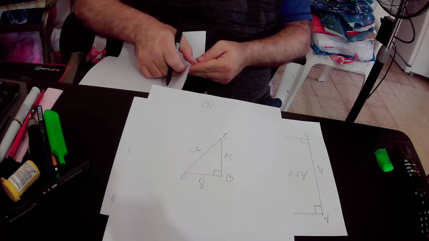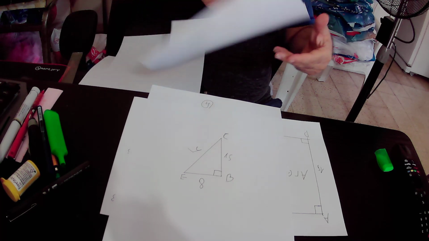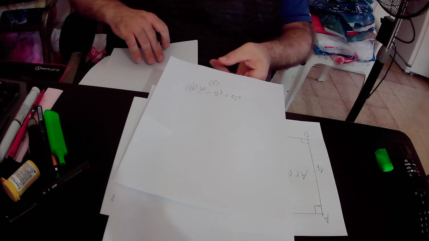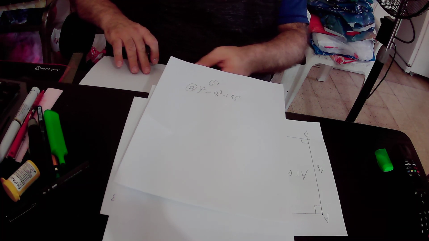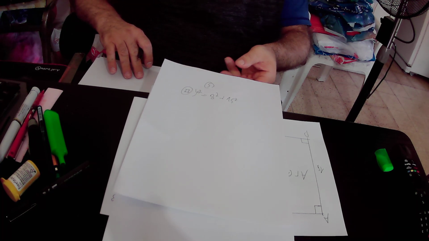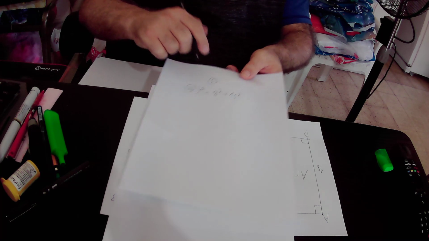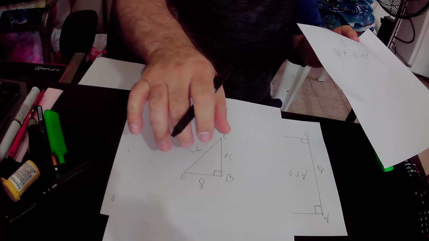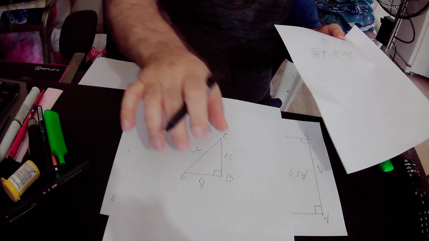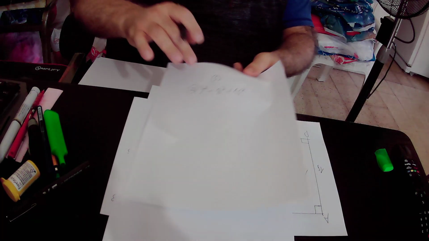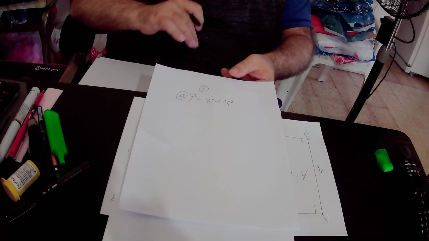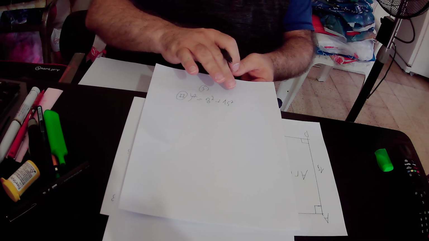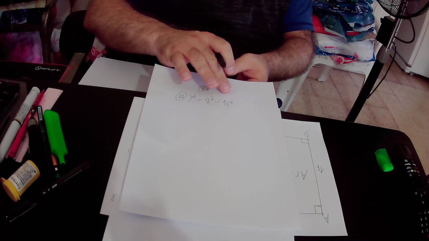so we created equation number 2 by implementing the Pythagorean theorem in the right triangle EBC. The square of the hypotenuse is y squared, which equals the sum of the squares of the perpendiculars, 8 squared plus 15 squared. 8 squared is 64 and 15 squared is 225.